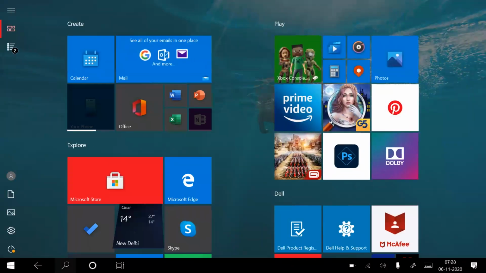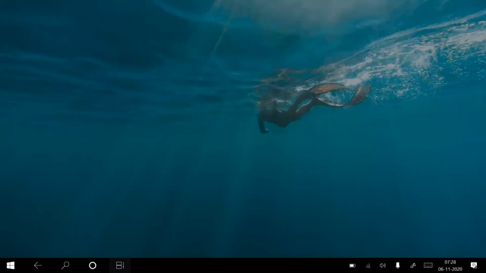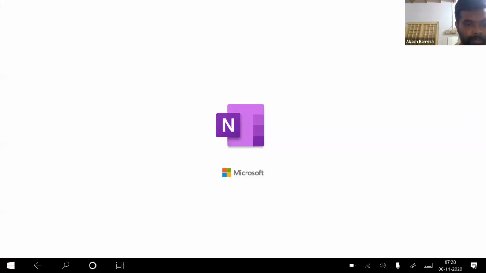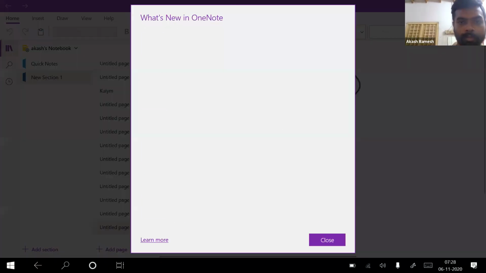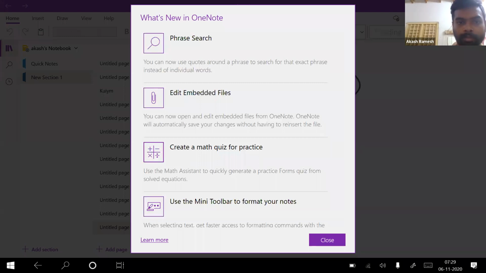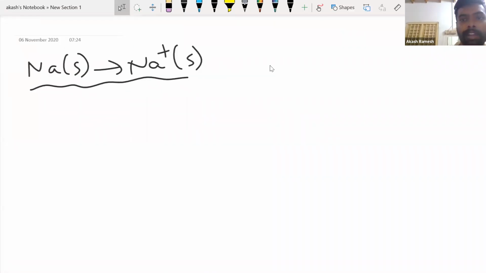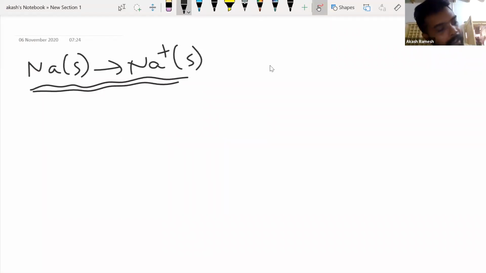Yes, sir, it's visible. Again, something happened. Where's my OneNote? One second, Kanna. So I'm asking whether this particular thing is possible, like in solid state, can ions be formed, is the question.